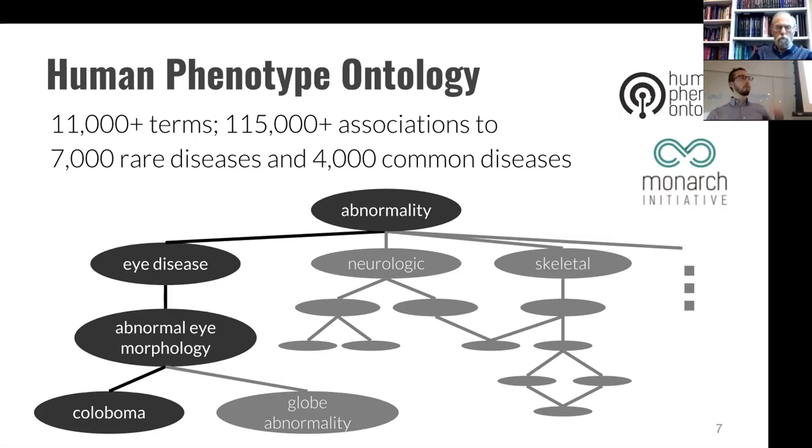So there's a top root that says the patient has something wrong with them, and it breaks down into more and more detailed terms as you go down. And these are then associated through large curatorial efforts with all known rare and common diseases curated from the literature. So there's a huge and growing set of data that we can use to compute on top of information when those cases are recorded in this fashion.